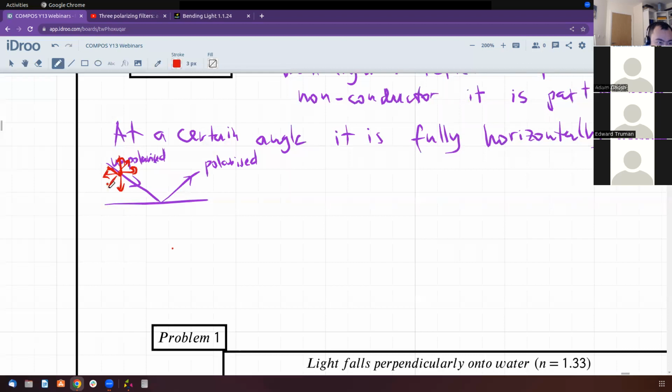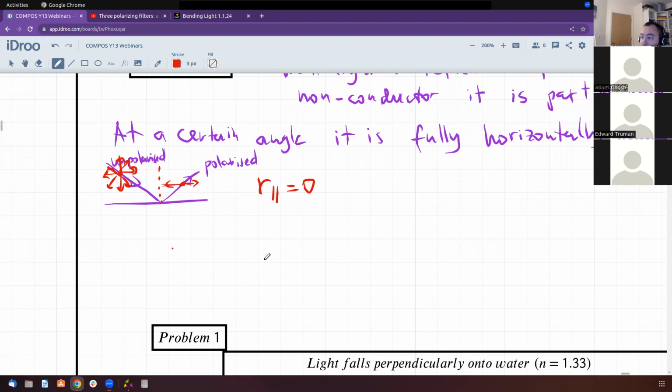So polarized in all directions. And reflected is only horizontally polarized light. That means that the proportion of the reflected light parallel to the plane of incidence is 0.